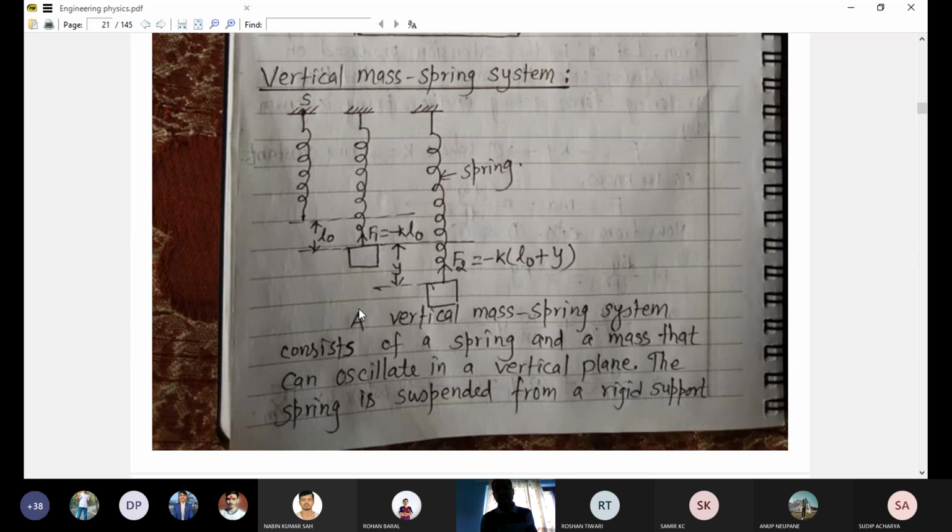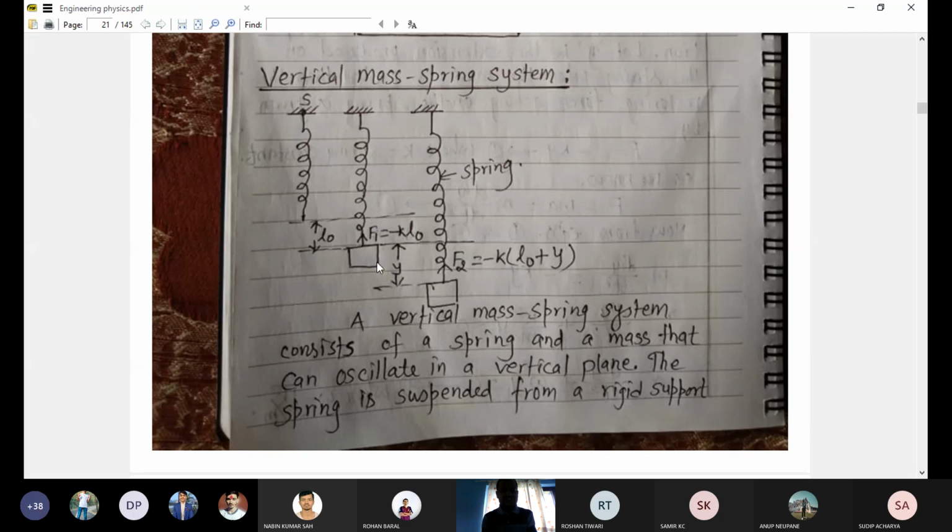And if we suppose that y be the further extension produced on the spring when we apply some force, then what will be the total extension produced on the spring? When the load is suspended, it is L0, and when force is applied, it is y.